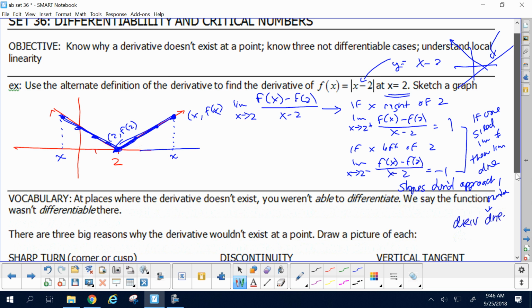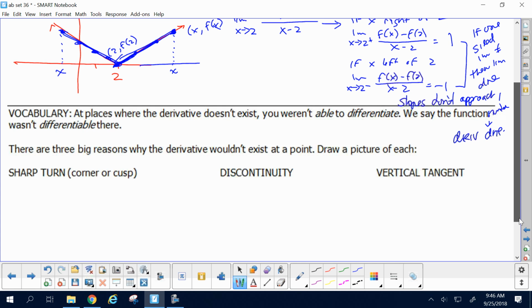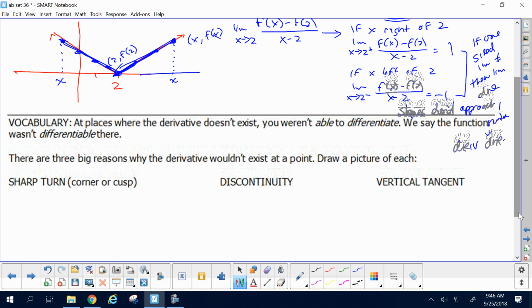All right? Now then, if you look at what happened here, it was because there was just a sharp turn. The slopes went from 1 to negative 1, just like that. At any other point the derivative does exist. If you look at this point, the derivative wouldn't have a problem here because the slopes were negative, but they gradually get flatter and flatter before they turn positive, like over here.